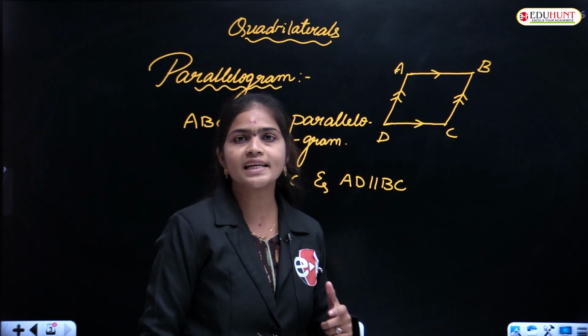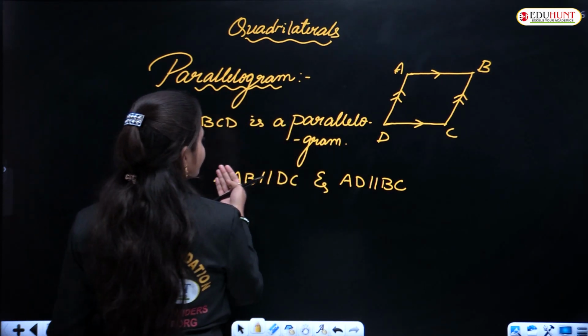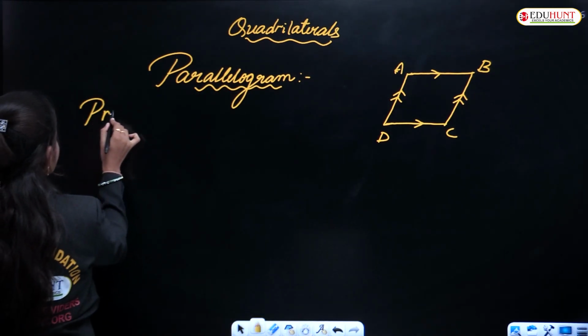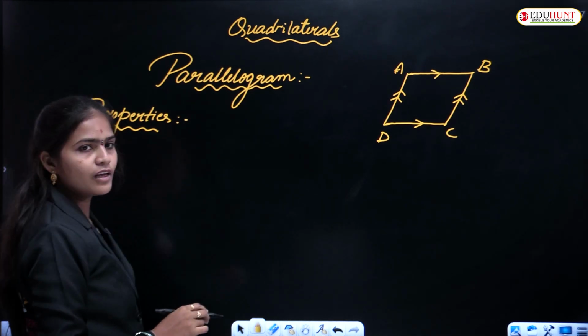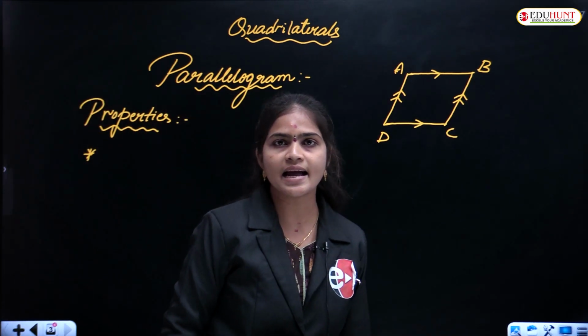Now, the properties of a parallelogram. The first property of a parallelogram is that opposite sides are parallel.